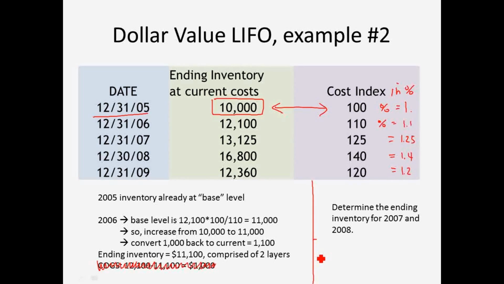Okay, let's do 2006. So what do I do first? I know that if I bought all the inventory I currently have on hand right this minute, at the end of 2006, it would cost me $12,100. But that's not really what my inventory should be, because I'm using LIFO.